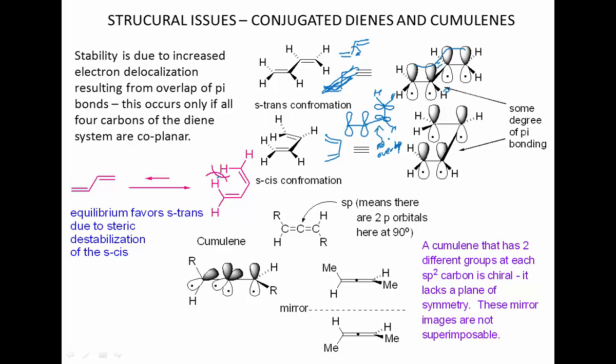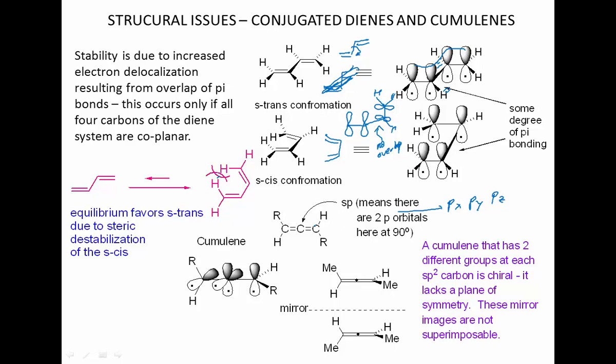Okay, all right. So the sp hybridization means that there are 2 p orbitals at this carbon that are at 90-degree angles, right? P orbitals exist along the Cartesian axes. So of course the p orbitals are at 90-degree angles to each other.